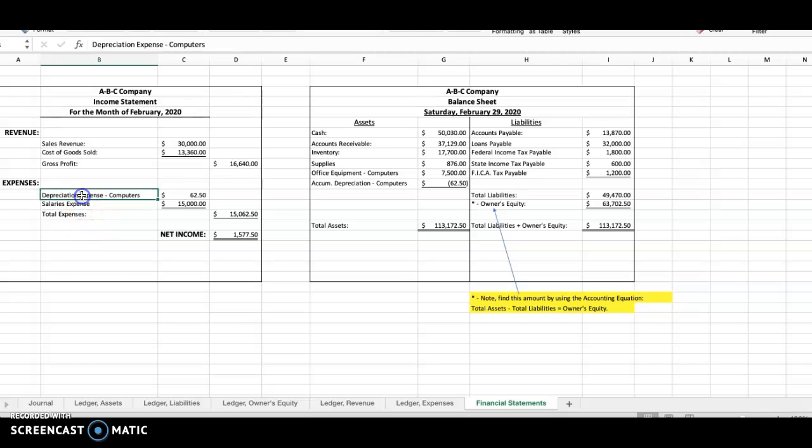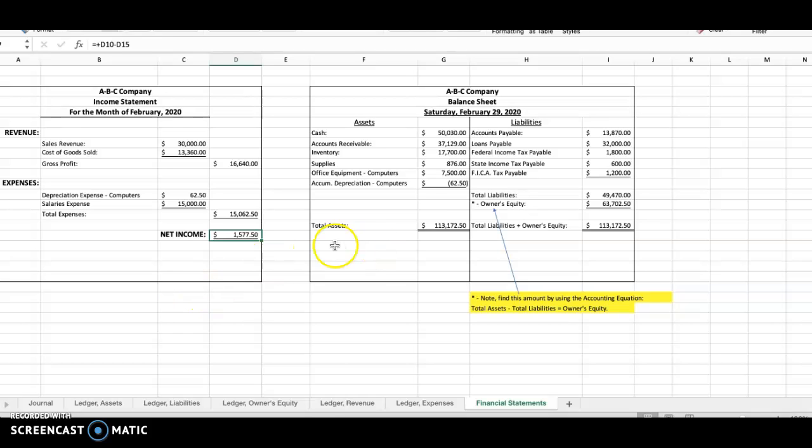Then if we go to these 3 expense accounts, we will debit each one of these, actually 2 expense accounts. From the ledger, we have the $62.50 for depreciation and the $15,000 for salaries, giving us a total of the other expenses of $15,062.50. Subtracting gives us a net income for the month of that amount.